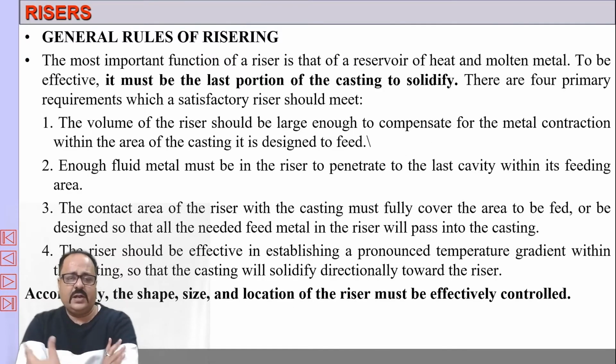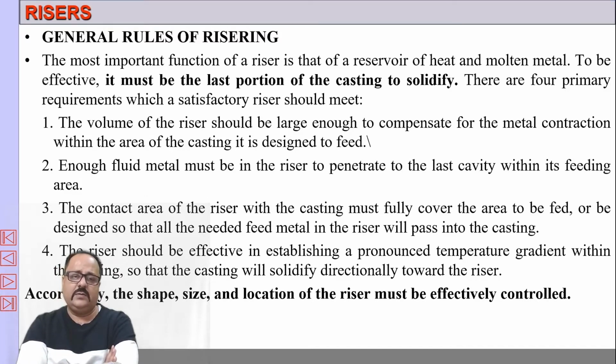Some important aspects of riser design: the volume of the riser should be enough to compensate for the total metal contraction near its placement. If the casting is large, there can be more than one riser, since one riser may not be enough to compensate for the entire contraction of the casting.